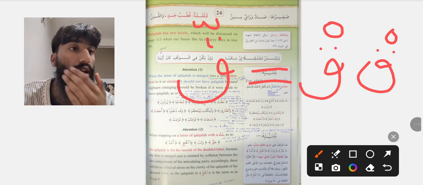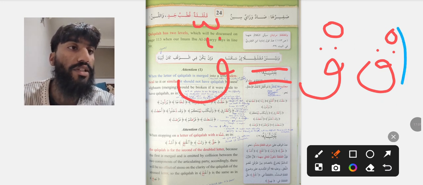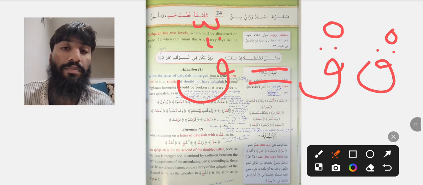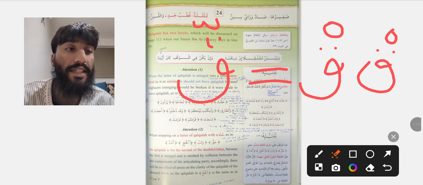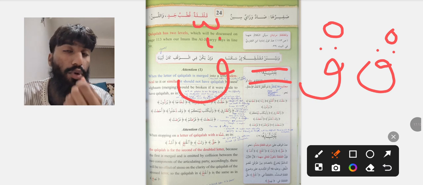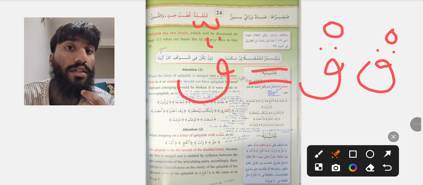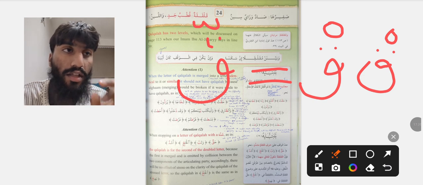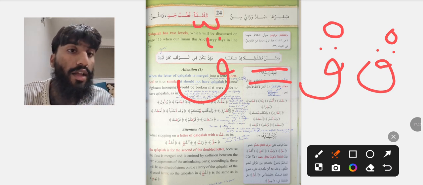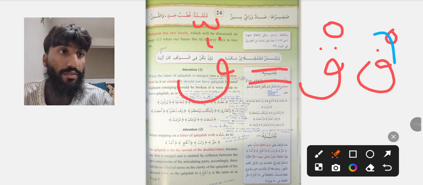Now, thing is that for the first letter, this first letter has nothing to do with qalqala. And to indicate that it's there, you actually pause on the qaf when you're saying it, Haq, right? Haq. So first you're pausing. That's the indication of that first letter.